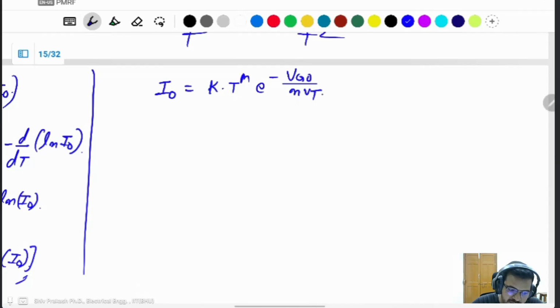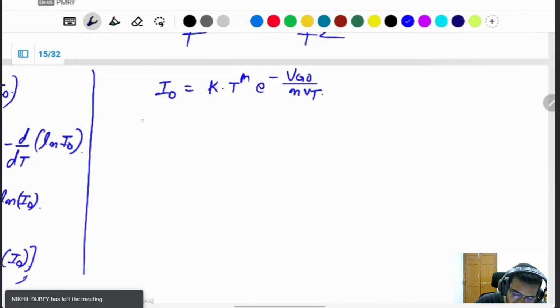N is the ideality factor, which is 2 for silicon. In all, K is temperature, and M and N are constants only.